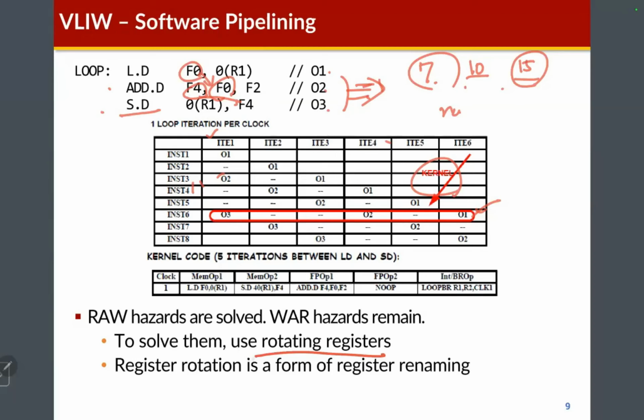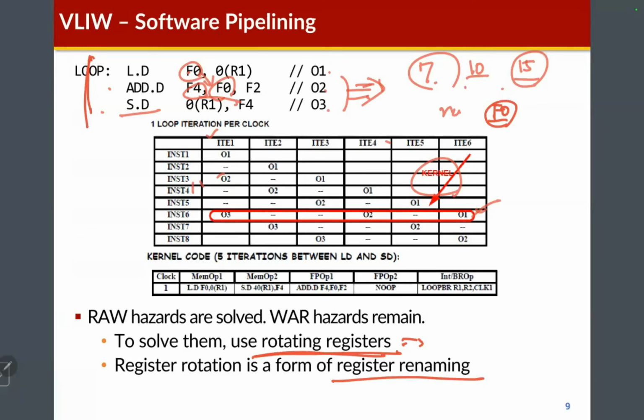And this rotating register is very similar to register renaming. So what does that mean? This is also compiler analysis. If we just focus on this example, we can see that F0 is a register.